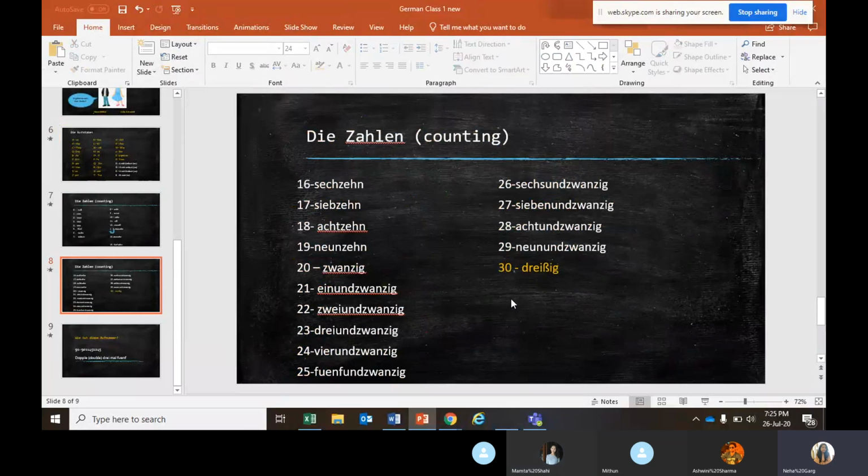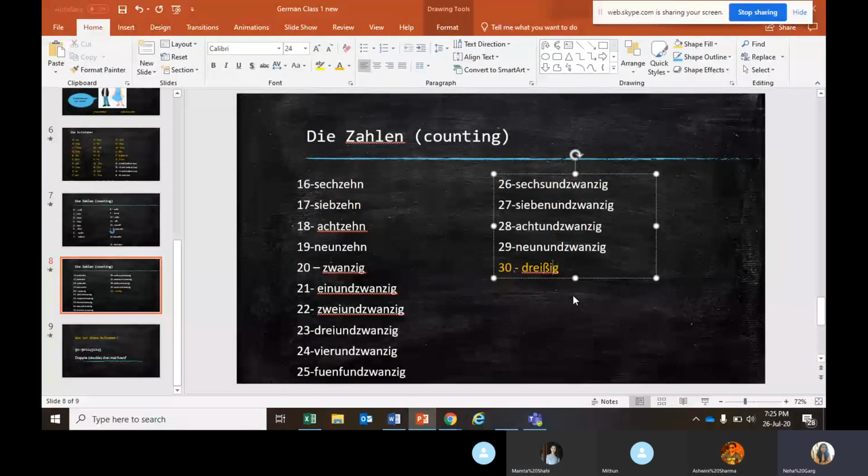As we have written 20 with Z, in 30 it would be SS. It would not be Z, it would be SS. So you can write dreißig. 30 would be an exception here.